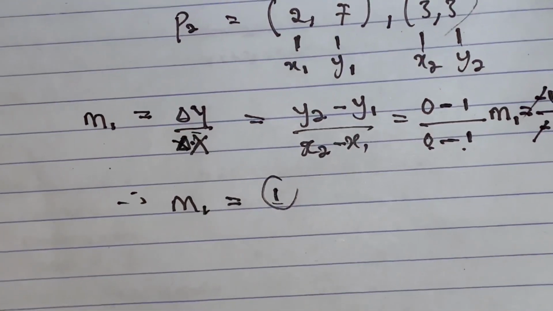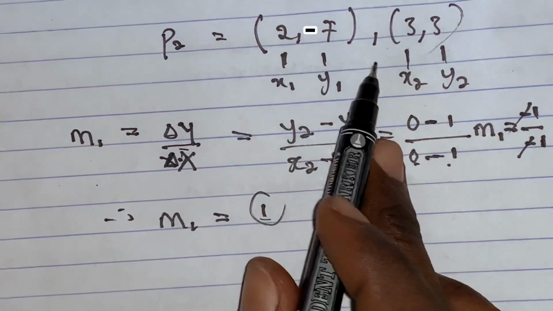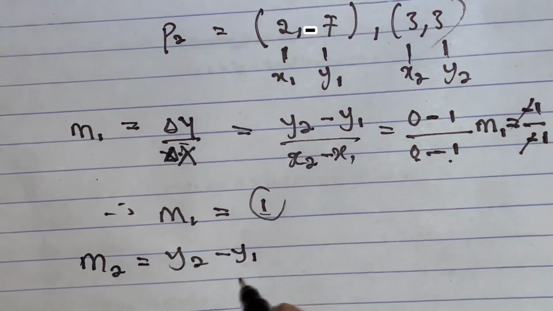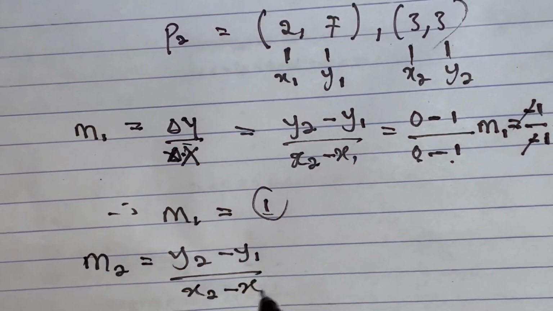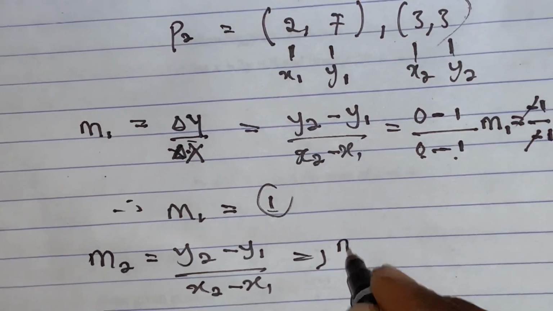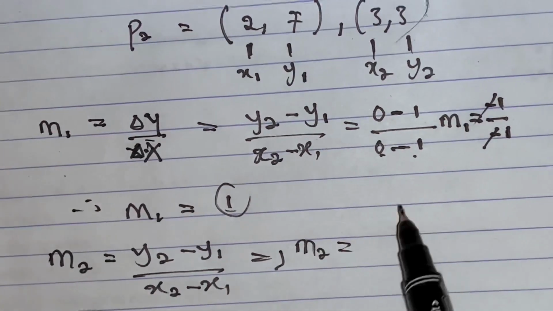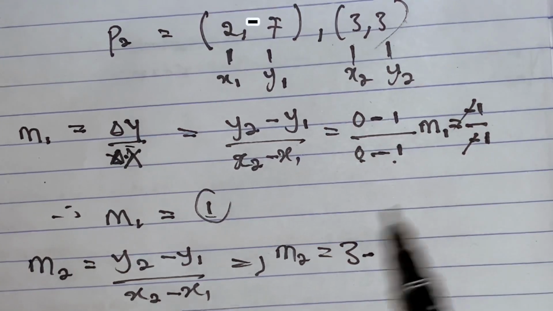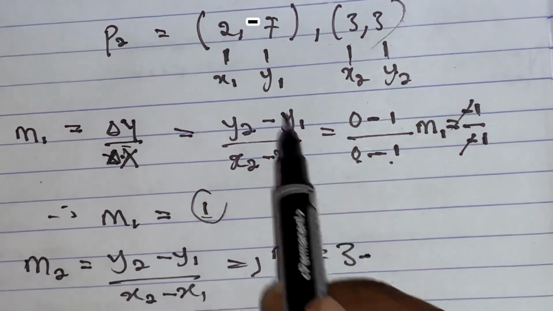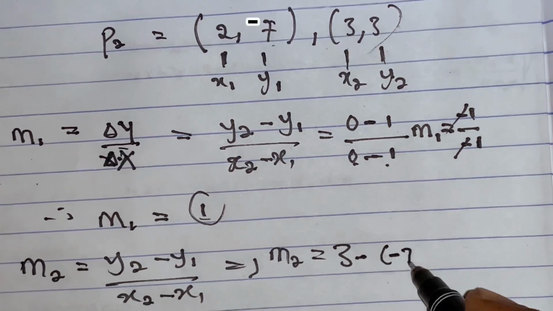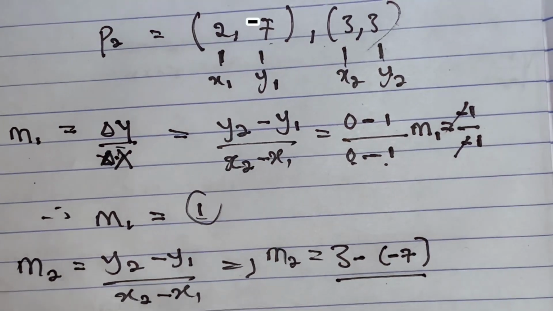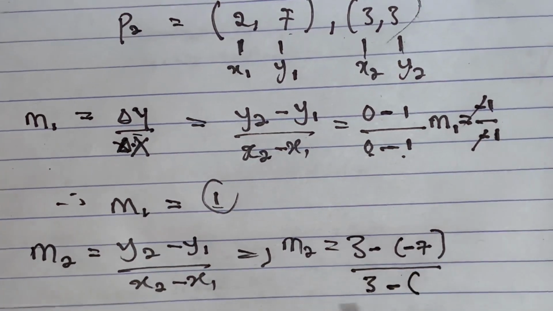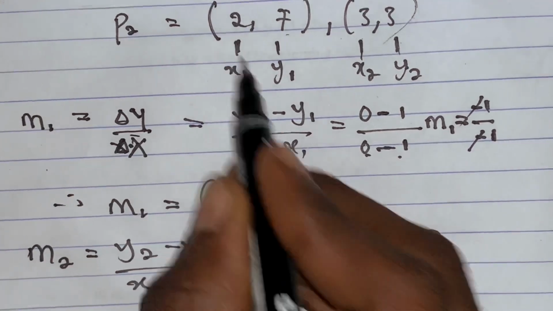So now we need to find m2 from the second pair of points given. m2 equals y2 minus y1 divided by x2 minus x1. This implies that m2 equals y2, which is 3, minus y1, which is 7, divided by x2, which is 3, minus x1, which is 2.